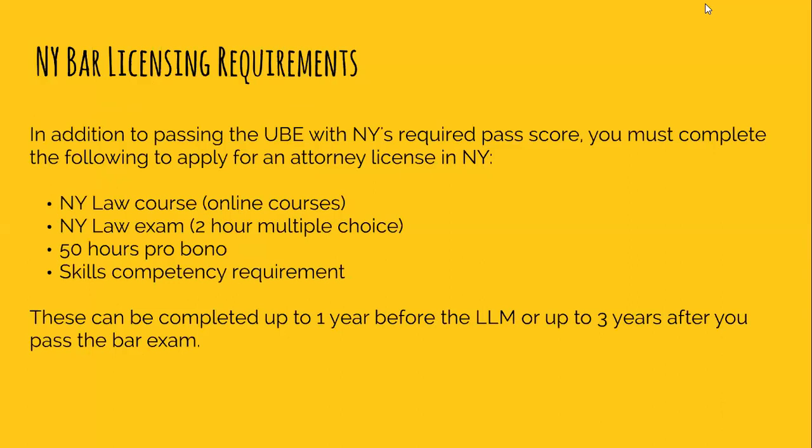Additionally, there's a 50-hour pro bono requirement and a skills competency requirement, which I'll discuss in more detail shortly. And as I mentioned, you have up to 3 years after you pass the exam, and to the extent you can or have completed any of these up to 1 year before the LLM, you can apply these toward those licensing requirements.